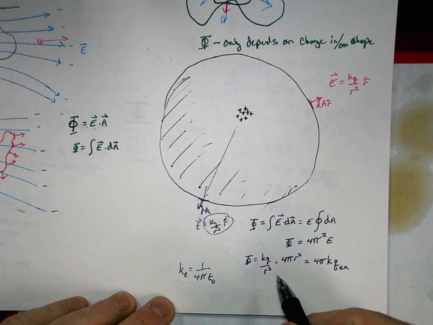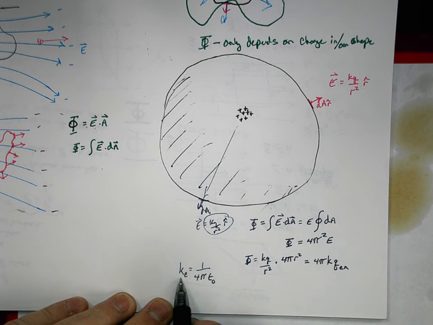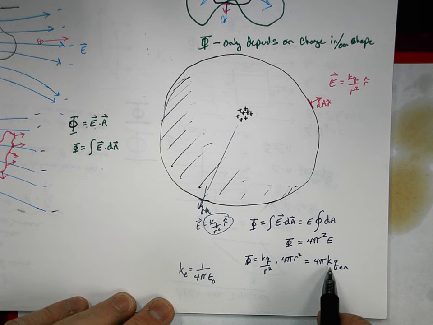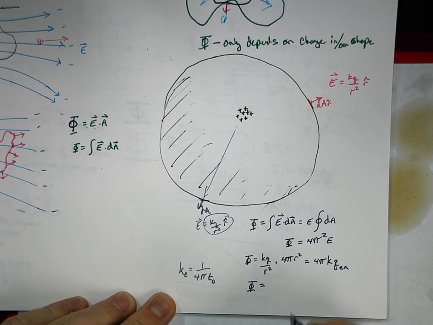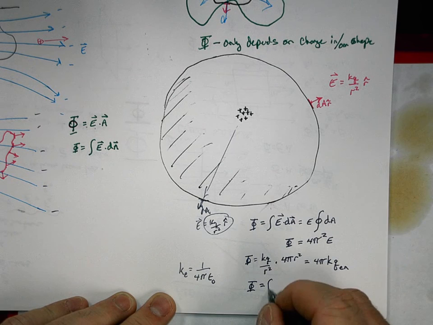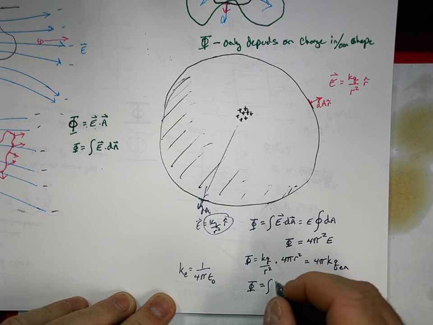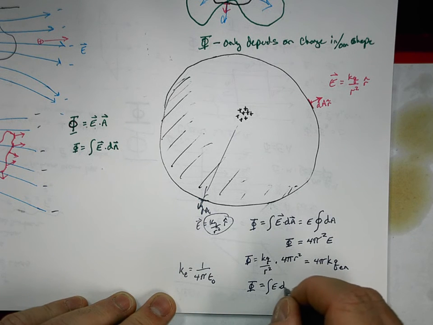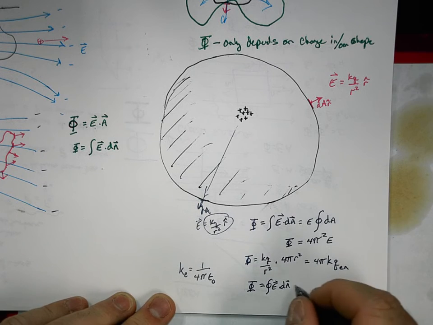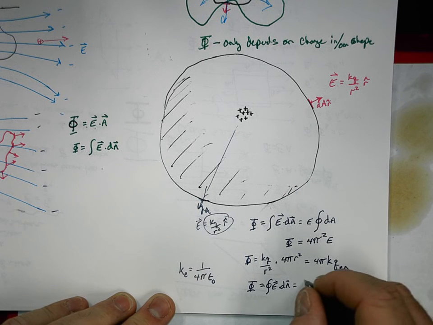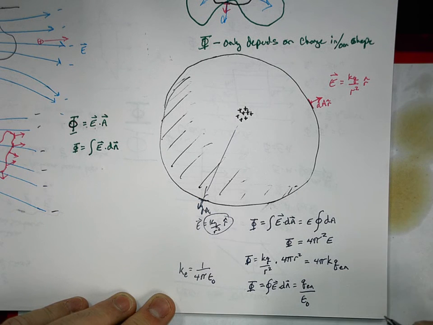If we take this and plug that in here, we get phi equals the integral of E dot dA, which equals Q enclosed over epsilon naught.